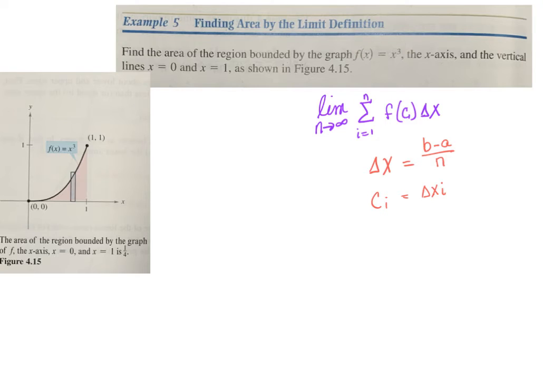So for this one, they want me to go from 0 to 1. That's my a and b. So if I'm going to find delta x here, delta x is going to be 1 minus 0 over n, which gives me 1 over n. My c of i then is going to be i over n.